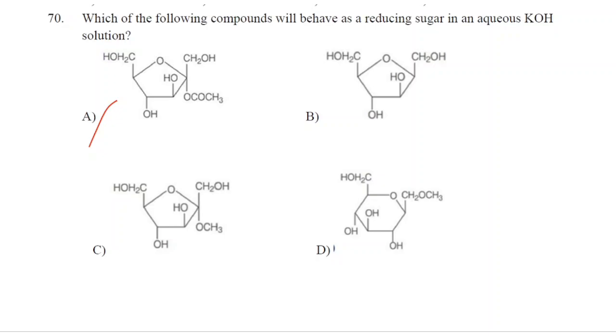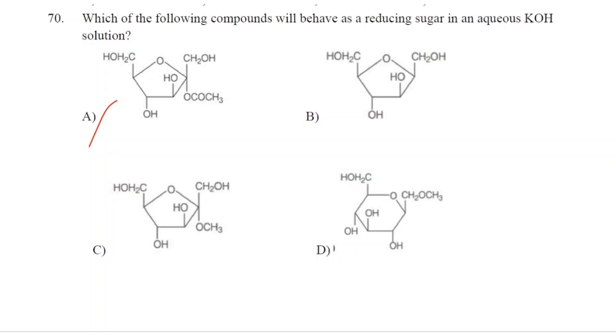Which of the following compounds will be a reducing sugar in an aqueous KOH solution? So generally, if the carbohydrates have a free aldehyde group in the form of hemiacetal structures, they are able to reduce the oxidizing agents, hence called reducing sugars. If we consider this particular structure, after treating with the KOH solution, it converts into hemiacetal form.